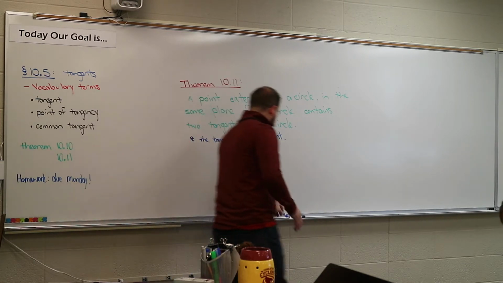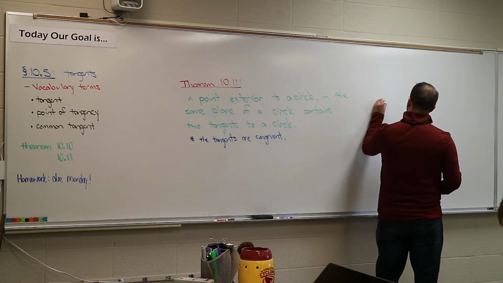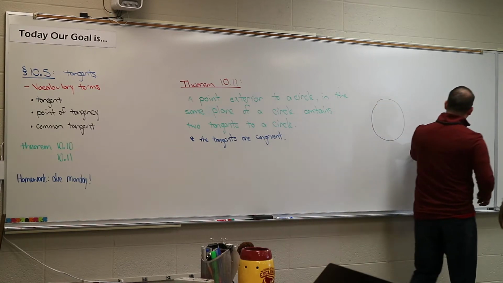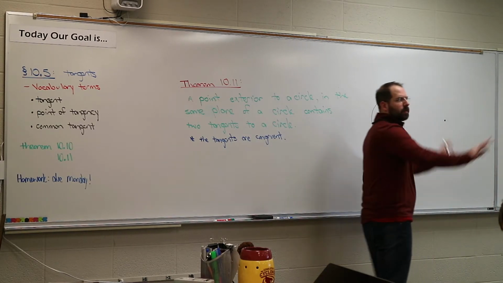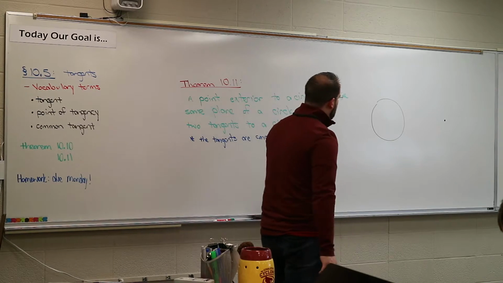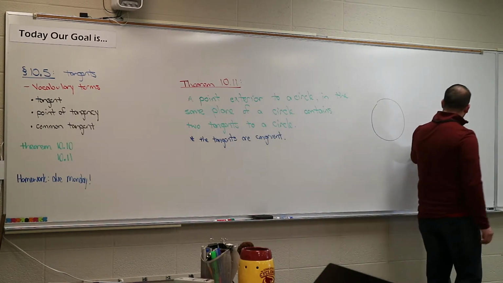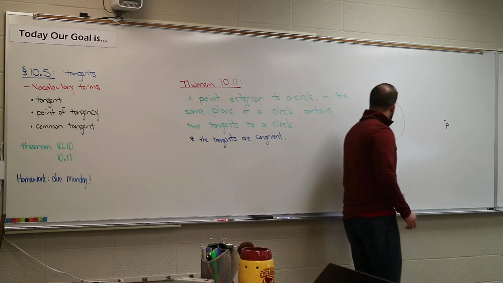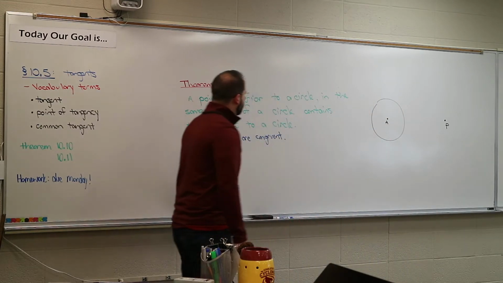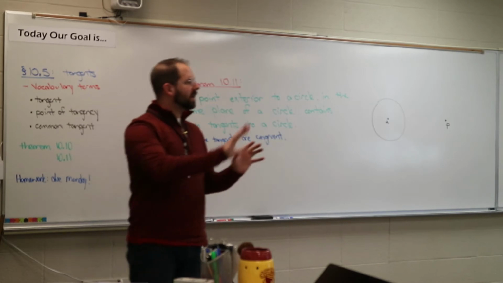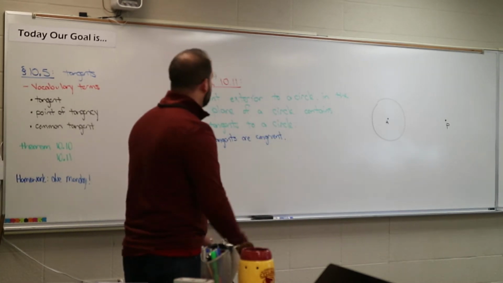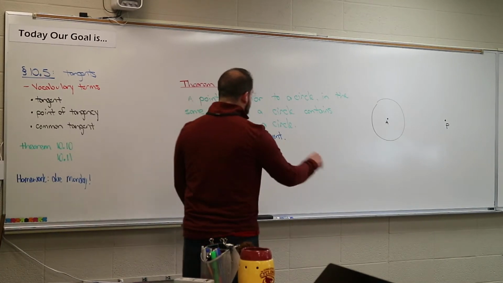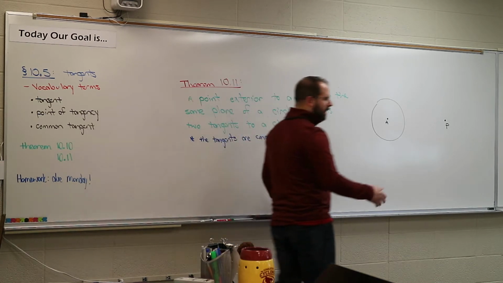So let me draw a circle. And I'm going to put a point exterior to the circle. It's outside the circle. Okay, that's my point. Let's call it point P. That's my circle. Let's call it circle A. What this theorem says is you have a point that's exterior to the circle, on the same plane of the circle. It's going to contain two tangents to the circle. Well, duh. I could draw tangent lines, right?